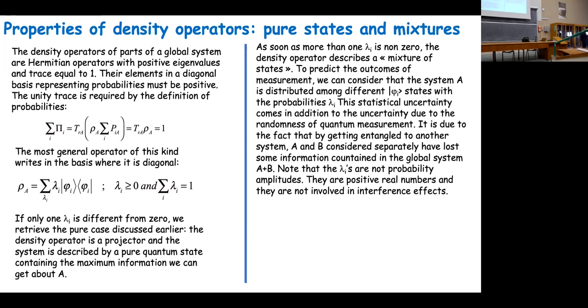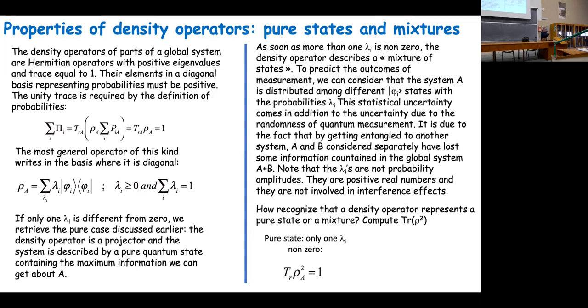If you know the quantum state exactly, the only randomness is quantum: the fact that a measurement gives a random result. Here you add another randomness which comes from a lack of knowledge on one part of the system because it is coupled to another one and you don't know what is happening in the other system. This second randomness is given by positive probabilities and they don't interfere with each other. So that's an important point.